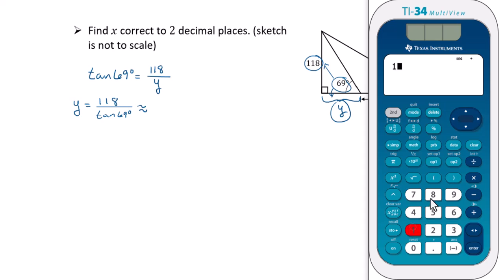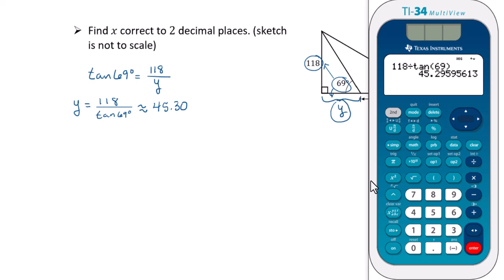I have 118 divided by the tangent of 69 degrees, and I get about 45.30. So to 2 decimal places, about 45.30. Remember, this is not exactly what we're looking for yet.